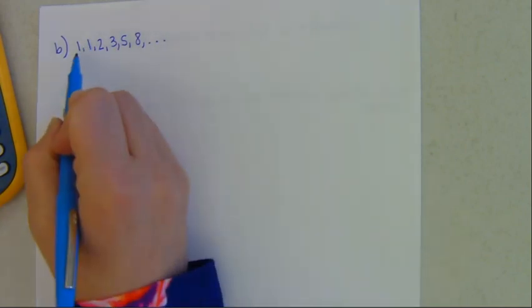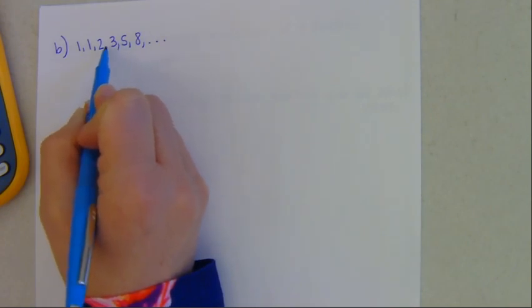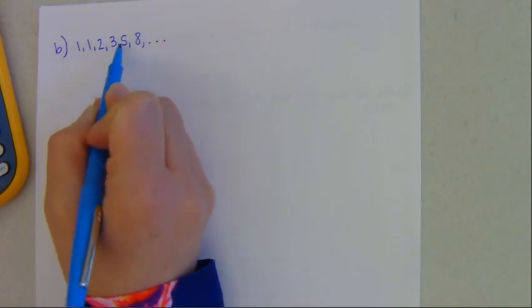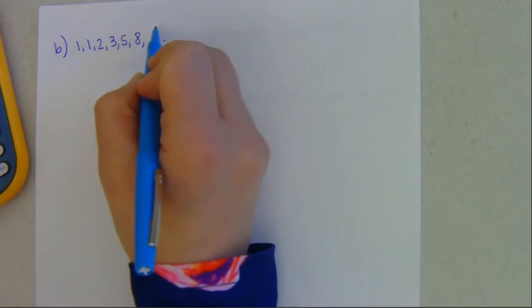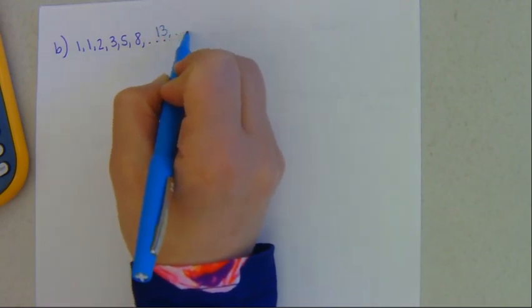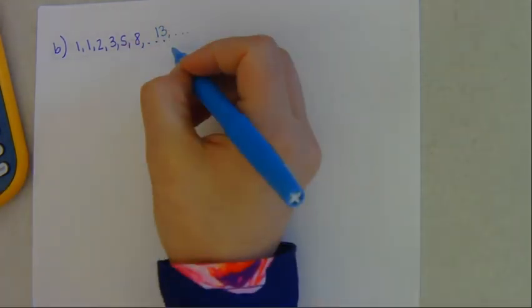So I'm taking 1 plus 1 to give me 2, 1 plus 2 to give me 3, 2 plus 3 to give me 5, 3 plus 5 to give me 8, 5 plus 8 to give me the next term, which should be 13. So if you can sometimes figure out just what the next term is, then you can feel confident in your pattern. So that 13 is that next term.